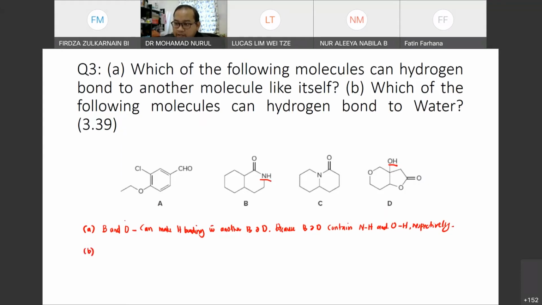Question B, which of the following molecules can make a hydrogen bond to water? All compounds contain, you remember FON, oxygens or nitrogens. They have oxygens here.